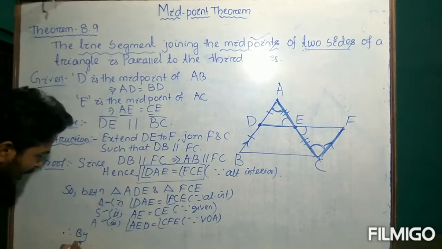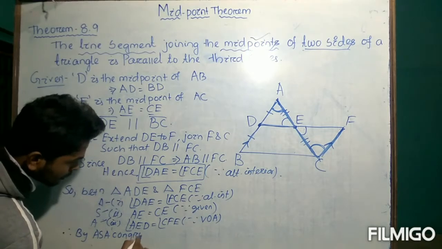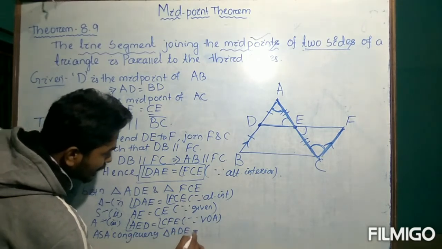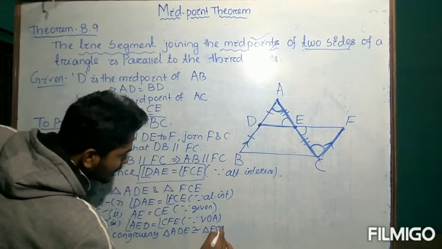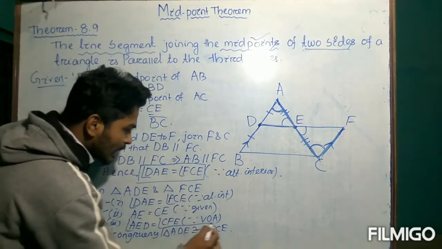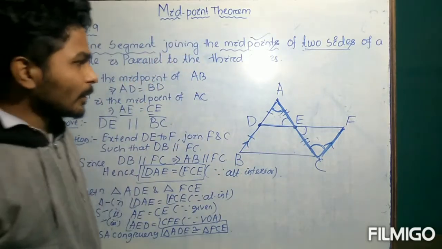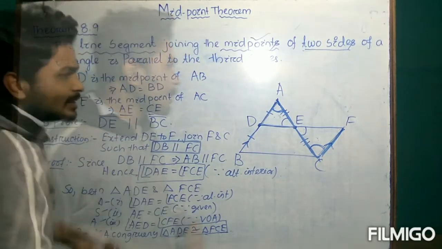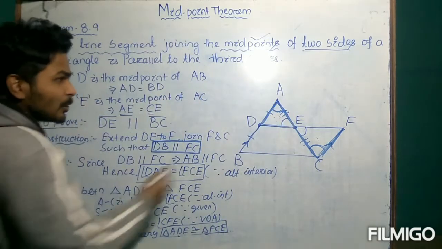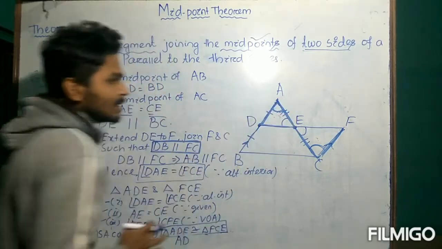So by ASA congruency, triangle ADE is congruent to triangle FCE. Understood? So now we have proved that these two triangles are congruent. Okay? And now if we consider the triangle ADE, then AD is a side. Yes or no? Yes. So you can write AD is a side for the triangle ADE.